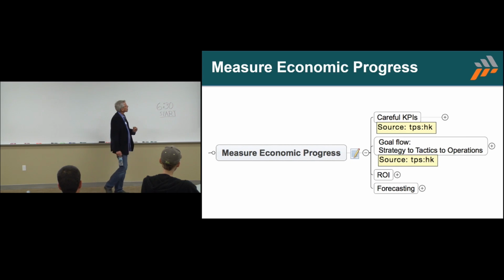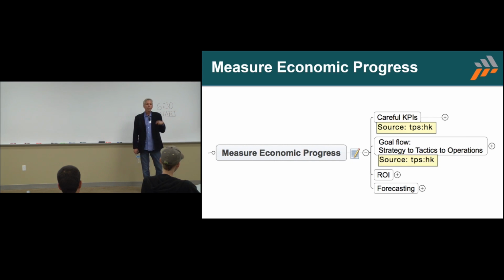Okay? So it turns out there's a lot of stuff in measuring economic progress that is in lots of things, like velocity in Scrum, for example. Or build, measure, learn, there's a measure in there for lean startup. So that's interesting. And that's where KPIs, key performance indicators, live.